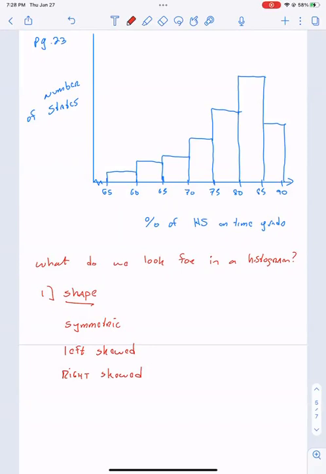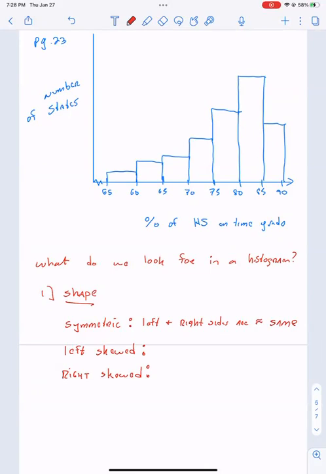No. It's not even close to being symmetric. Left skewed and right skewed is essentially which side of the histogram has the tail.